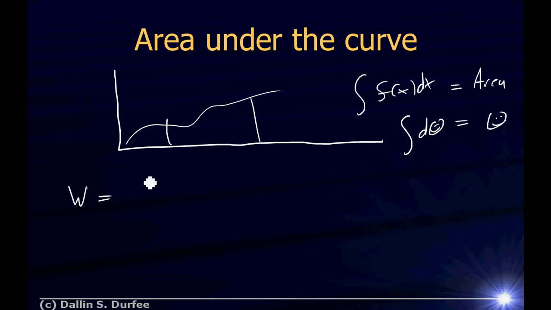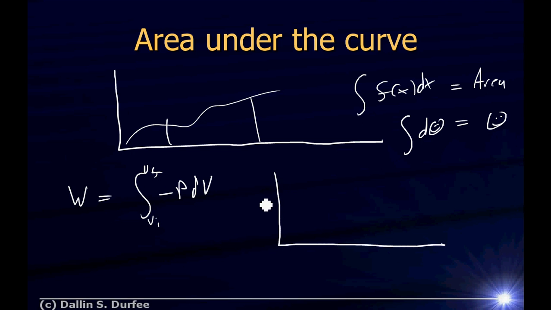But in addition to being a special sum, it does turn out to be the area under a curve. So if work is the integral of minus P dV from V initial to V final, what that means is if I plot pressure as a function of volume as I do something, the work done on the gas is going to be negative the area under that curve.